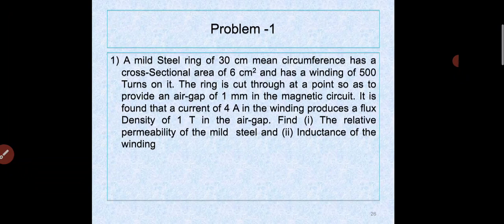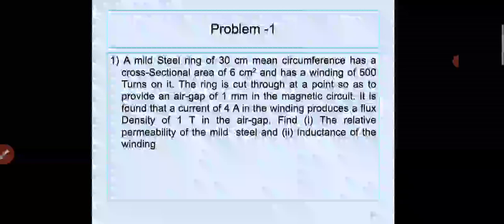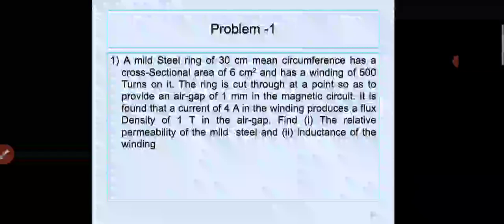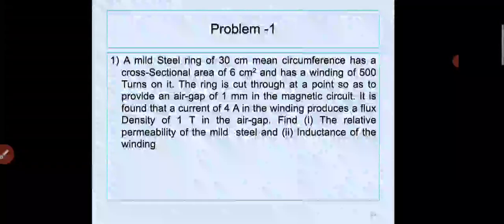In the magnetic circuit, it is found that a current of 4 amperes in the winding produces a flux density of 1 Tesla in the air gap. Find the relative permeability of the mild steel and the inductance of the winding.